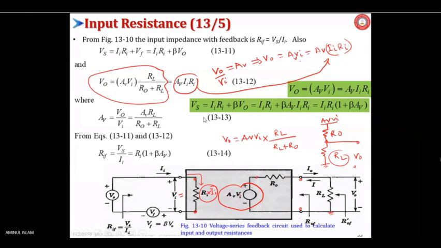Okay, I am back. I hope you understood equation numbers 13-12 and 13-11. Yes or no, Aman? Yes, sir. Understood. So here, can we write this thing? AV equals VO by VI. This is known to us. It's the basic definition of a voltage amplifier. So can we write this thing? Yes, sir.